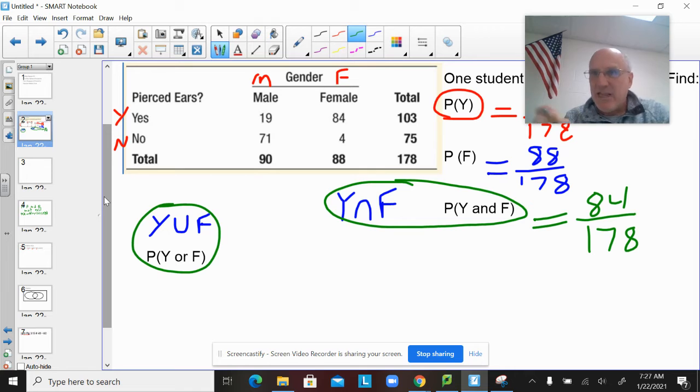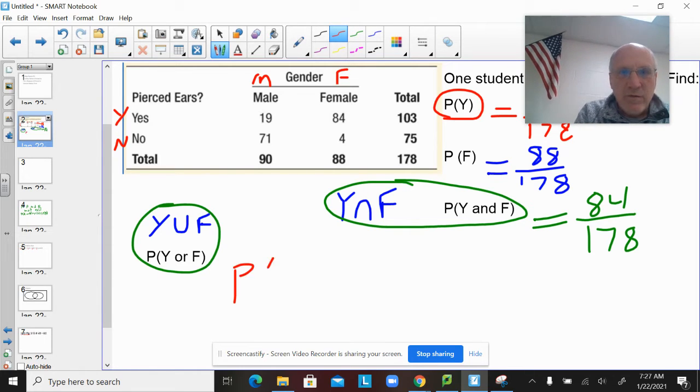So let's think about this. It would be tempting just to add the two probabilities together. If we did that, it turns out not to be right, but we have to figure out why it's not right and what to do about it. The probability of yes: how many people said yes? I'll circle here, 103. And what about the female?